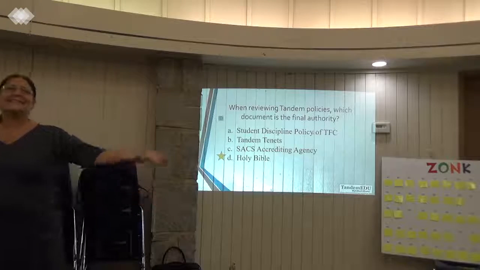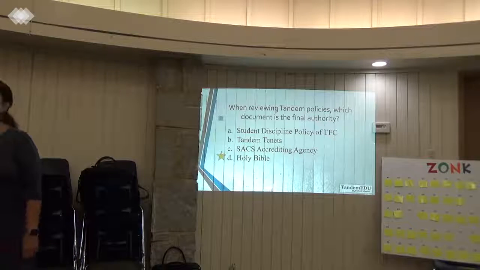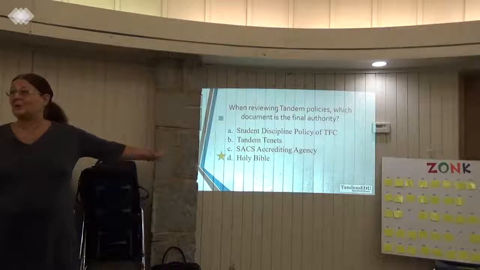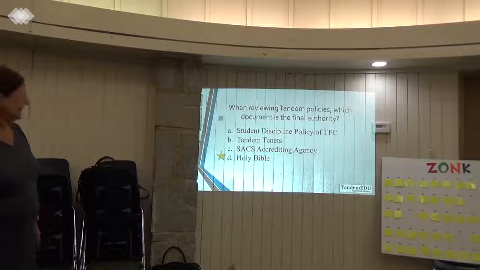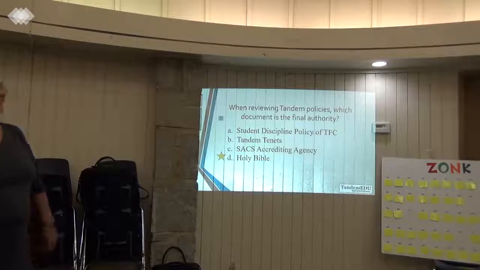Because the policy says we will always default to whatever scripture says. In other words, we may have messed up in the policies. If we did, yes, we will always go back to what scripture says. Oh, I'm not answering any more questions. Y'all have to do it. This is what I get all the time.